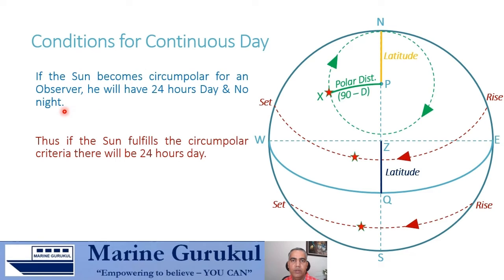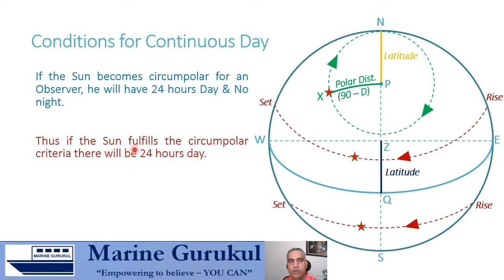This happens close to the poles in higher latitudes above about 66.5 degrees north and south. In the polar regions, you have 6 monthly days and 6 monthly nights. Whenever the sun's declination matches with the declination of a particular pole, it will always remain above the horizon for that observer, leading to a 24 hours day.